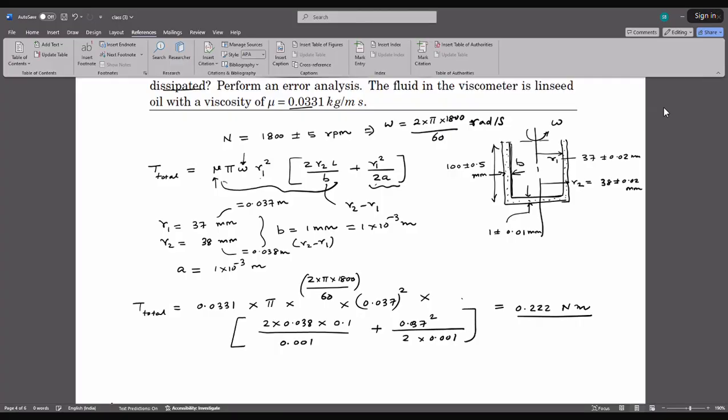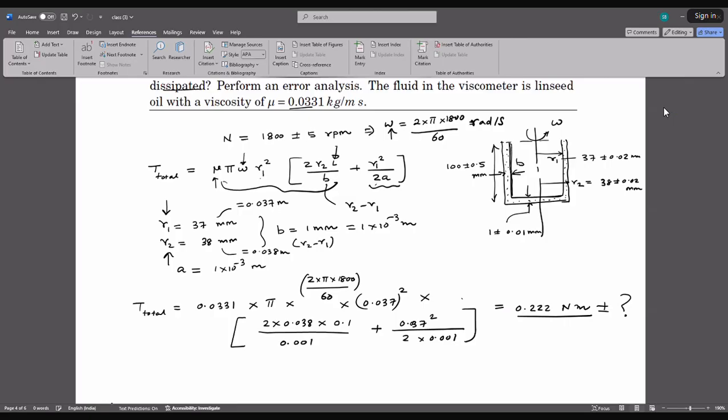Now we have to specify an uncertainty on the torque, because omega has an uncertainty, R1 has an uncertainty, R2 has an uncertainty, and also L has an uncertainty.